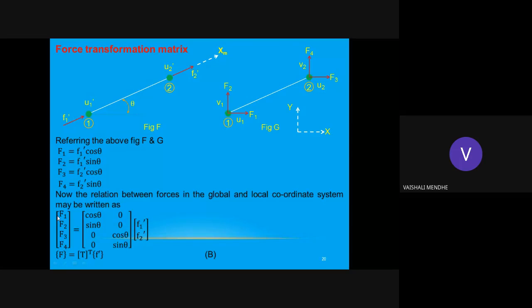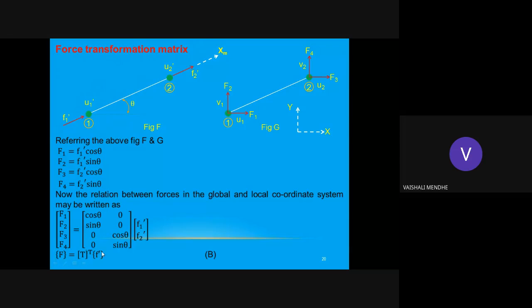So we wrote it in matrix form. We got this relation, F, capital F, in matrix form, is equal to this. Now, what is the transformation matrix we have derived? T is equal to cos theta sin theta 0 0, 0 0 cos theta sin theta.